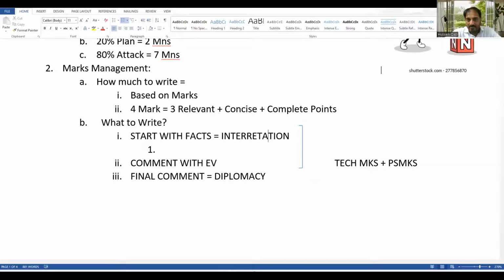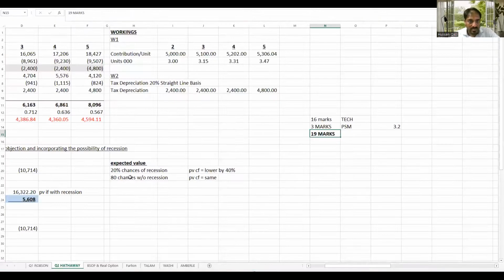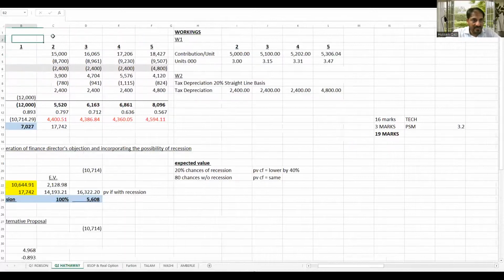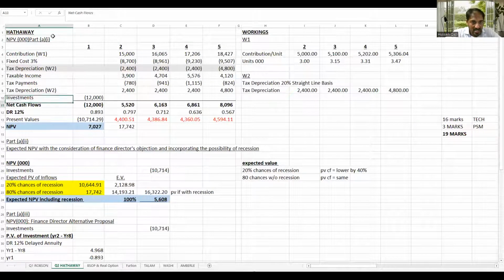And for example, out of 4 marks, 2 marks here. So what do the 2 marks include? The number 1 point here is the chief engineer proposal. First we have done with the chief engineer proposal.